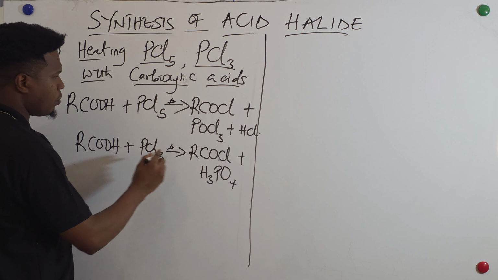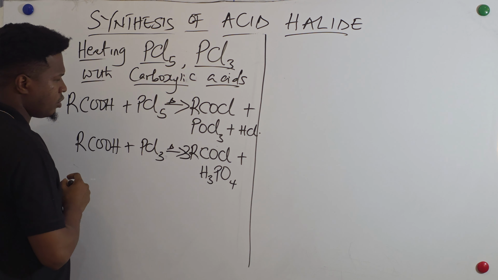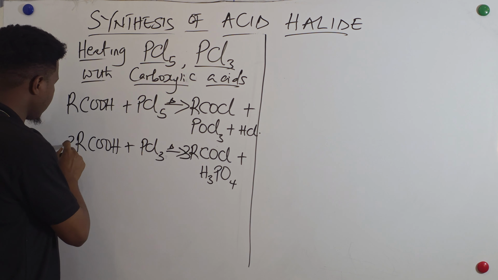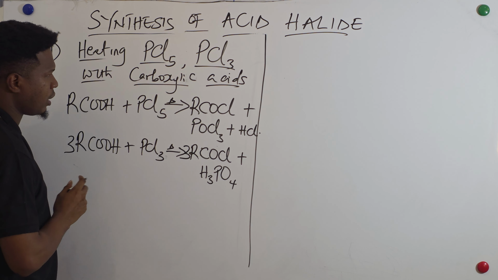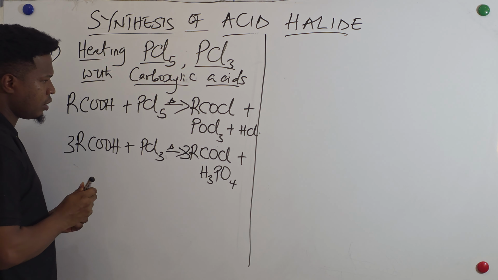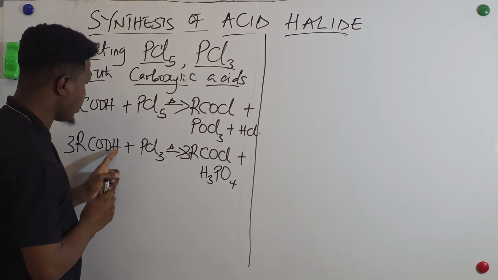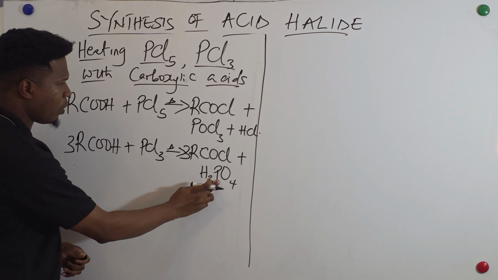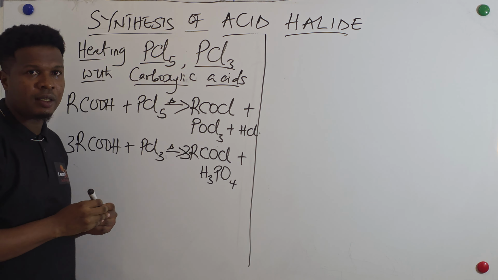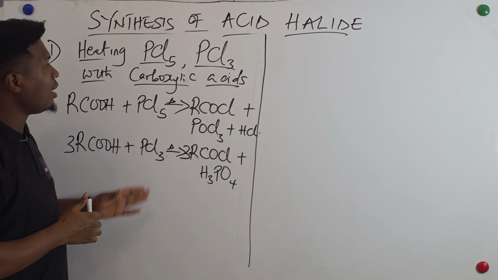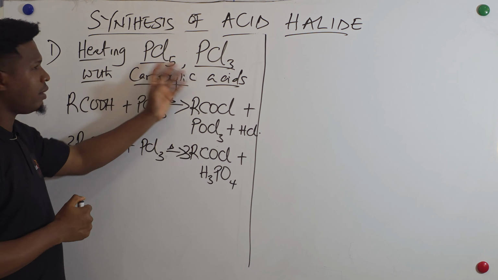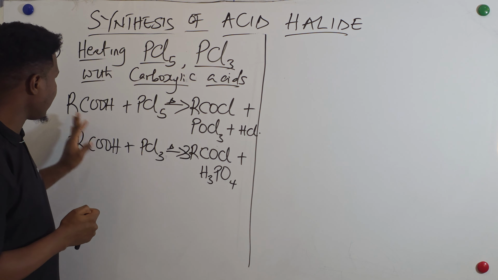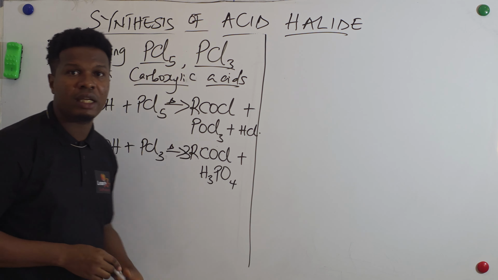I'm going to put 3 here to balance this one, and also 3 here to balance this. The hydrogens are already balanced: 3 hydrogens on this side, and I have 3 already here. The rest is okay. It's balanced like this. This is the general equation for this reaction, so no matter the alkanoic acid, you can go ahead and carry out the reaction.